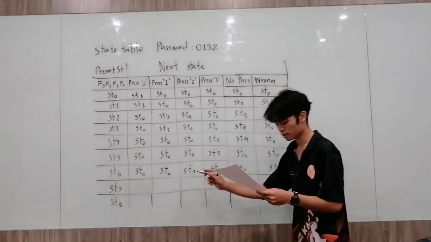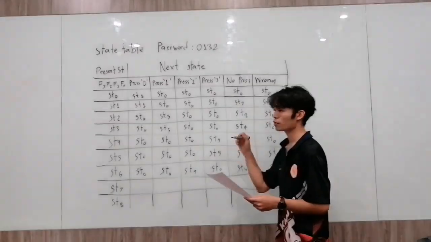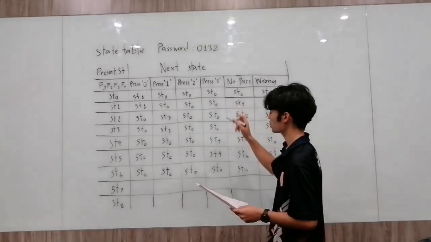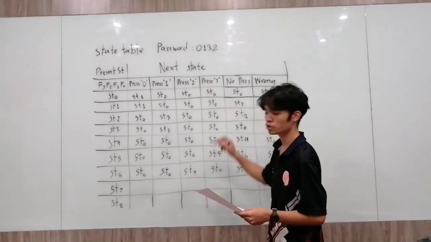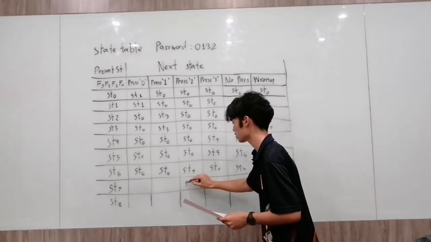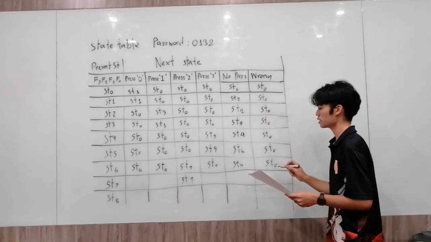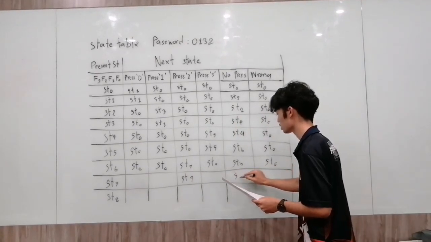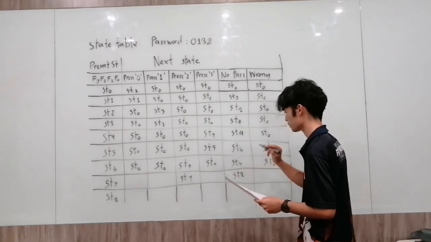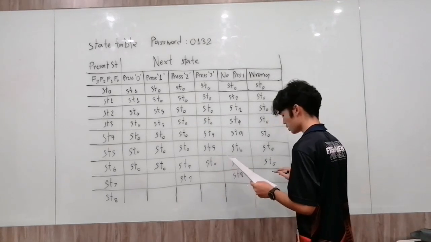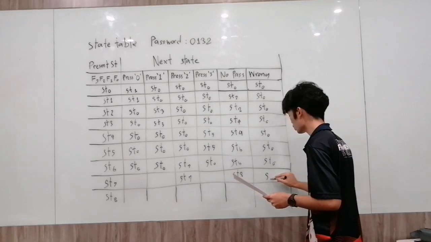At state 7, when you still press button number 2, it's still in state 7. When you release it, it goes to state 8. Other cases go to state 0.